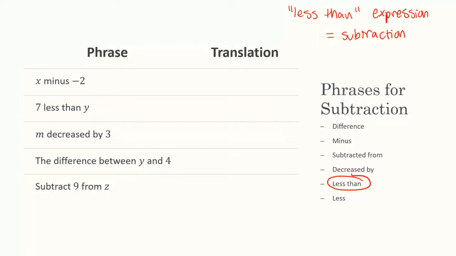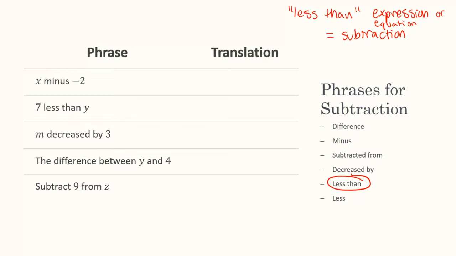So that's something that's really important to know. So I should say expression or equation. It always becomes subtraction. So it's all based off of context. It's the same thing with English words, context.